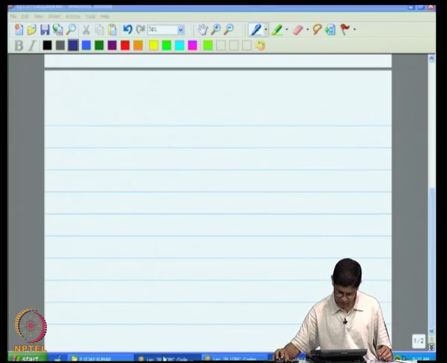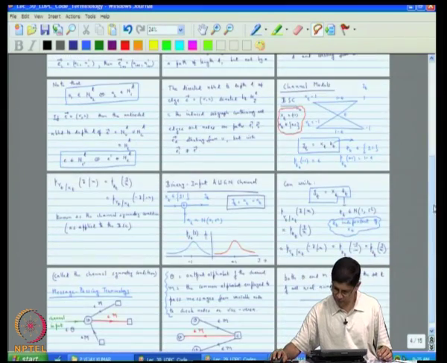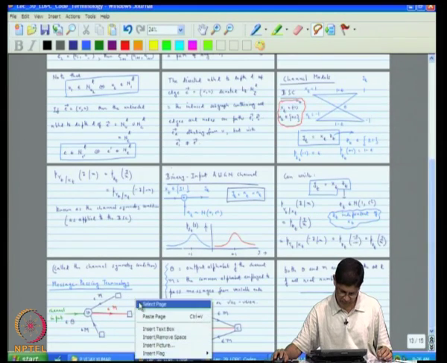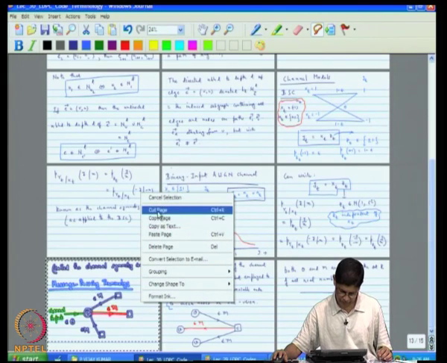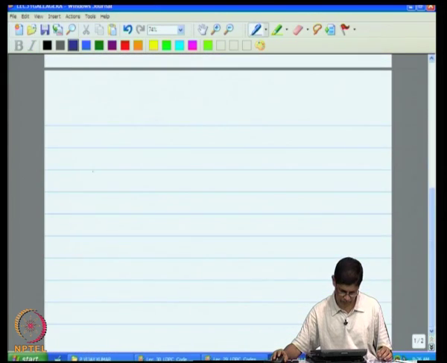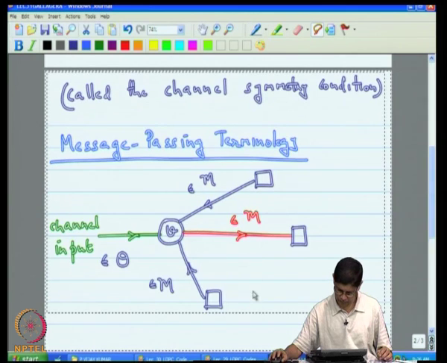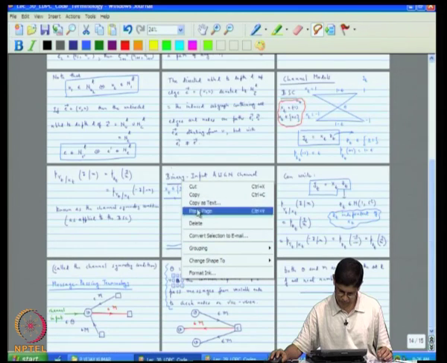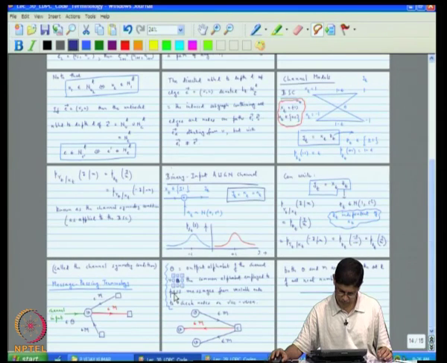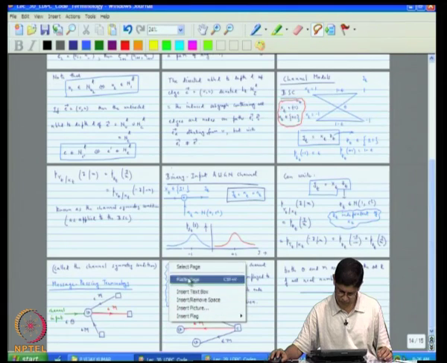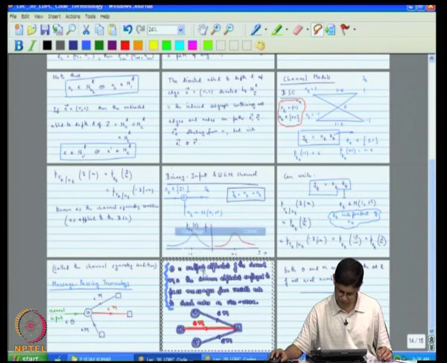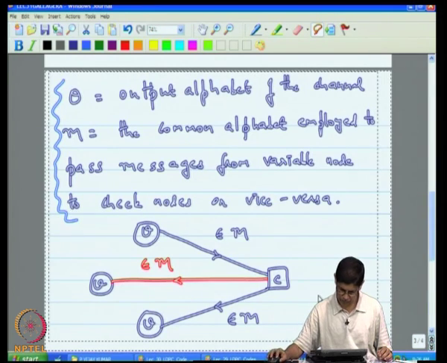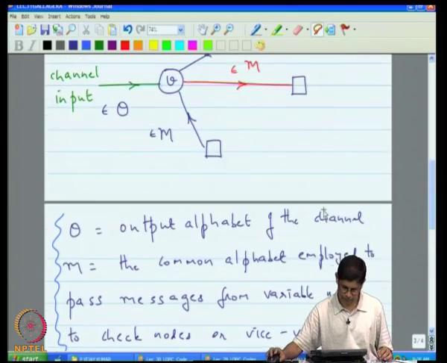So, let me copy down a couple of the figures from the end of the last lecture. So, I think these 2 pages it would be nice to have. Okay.